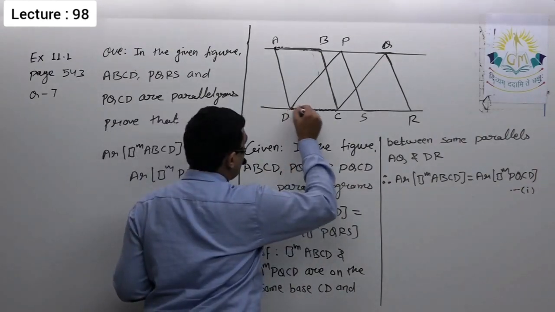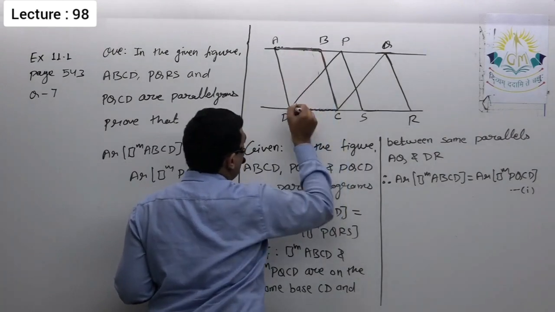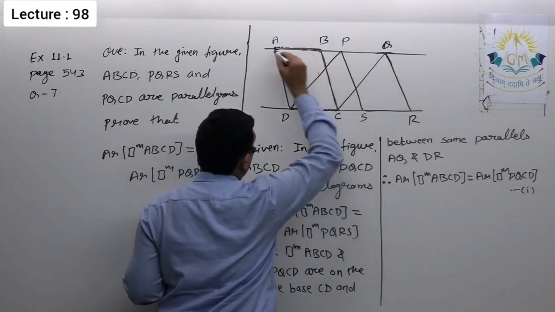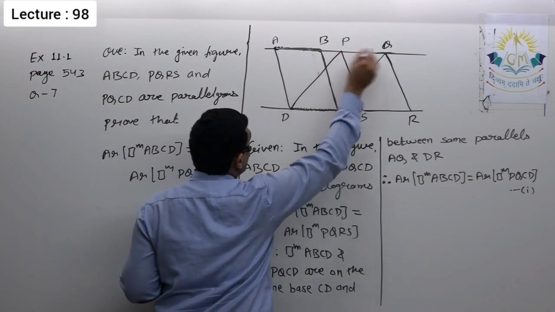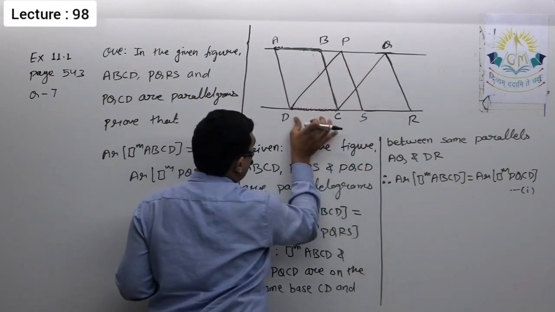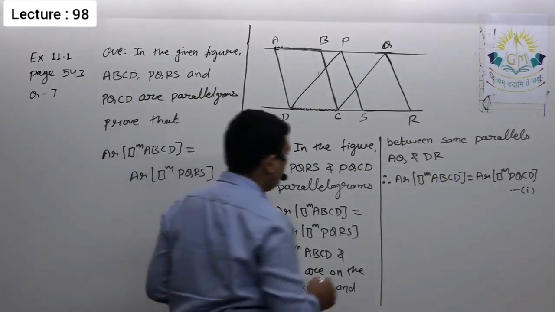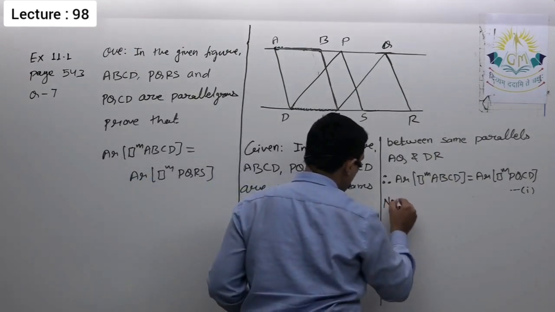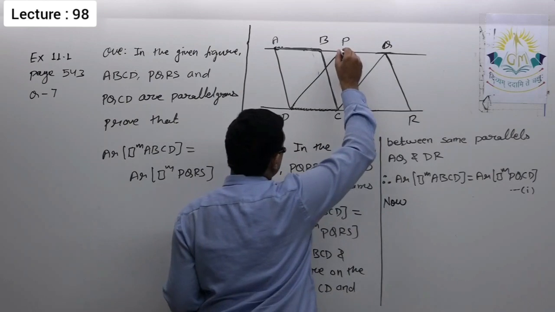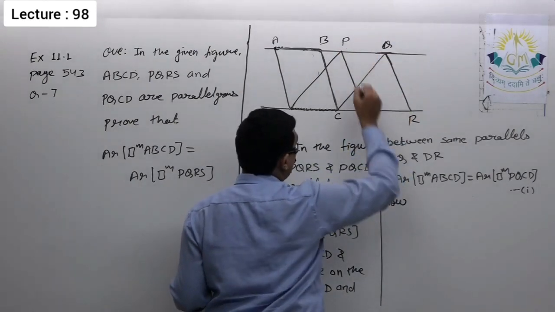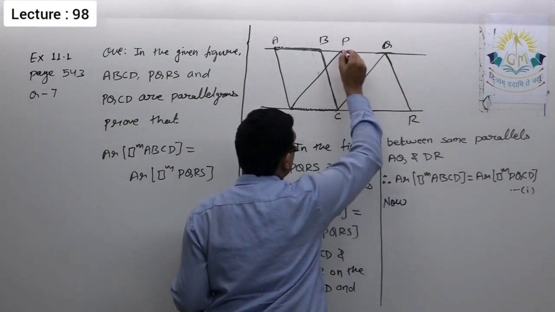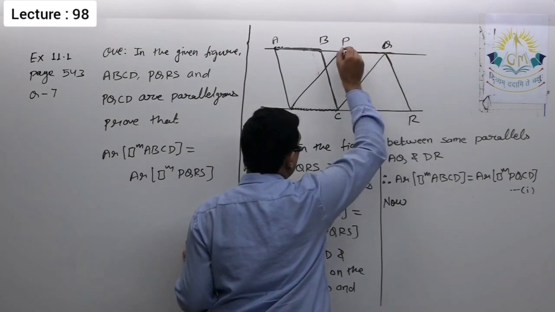So here CDBA and CDQP, or in other words ABCD and PQCD, have the common base CD and are between the same parallels, so they are equal in area. Now again you can see PQRS and PQCD have the common base PQ, isn't it?